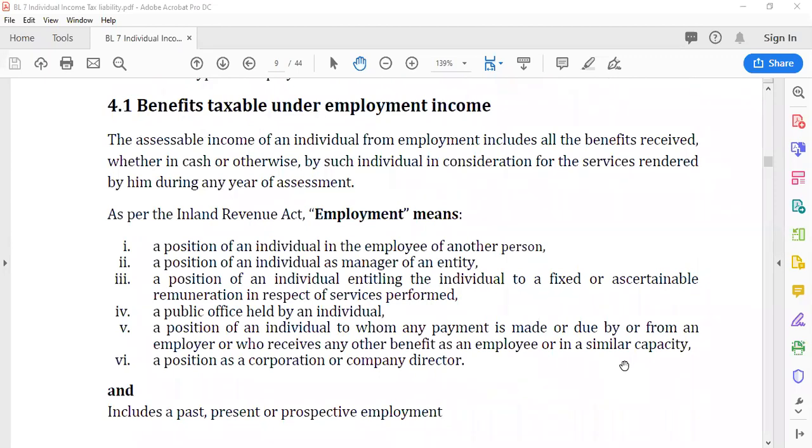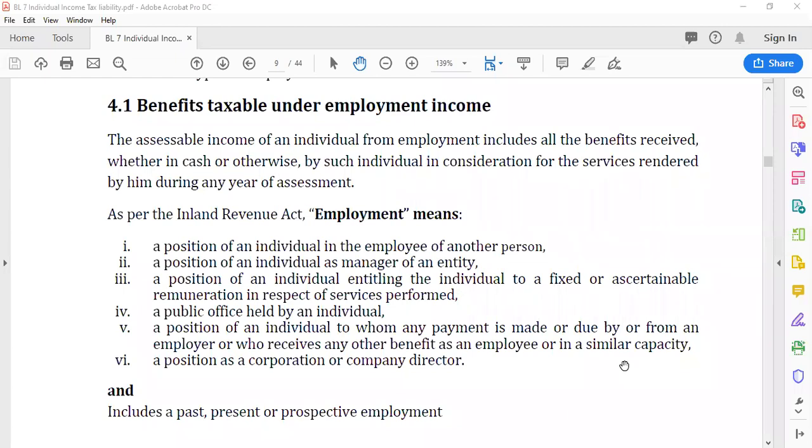4.1 Benefits taxable under employment income. Not only cash benefit; salary, wages, fee, commission, all these come under cash benefit. Other benefits come under non-cash benefits.